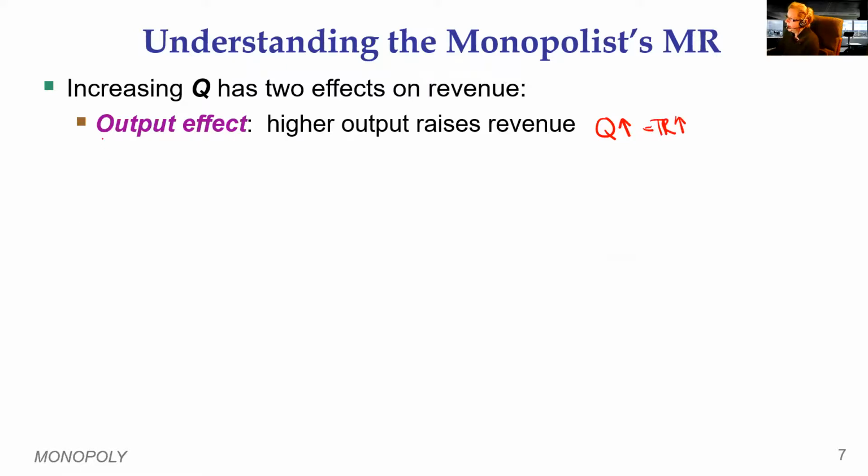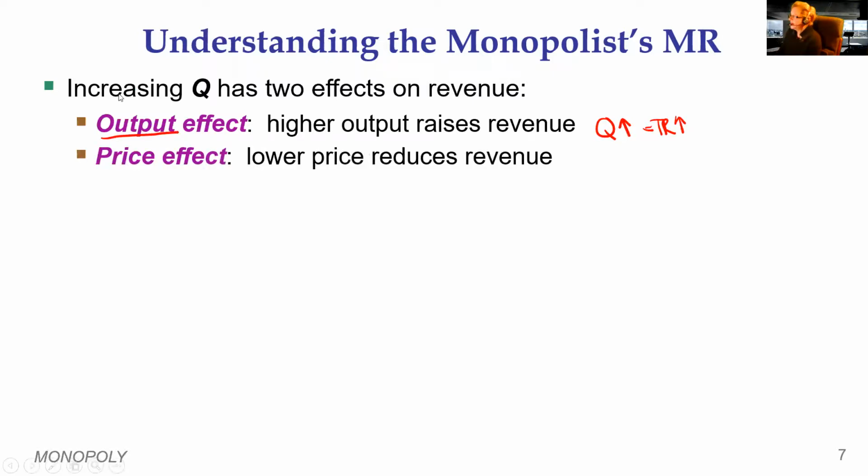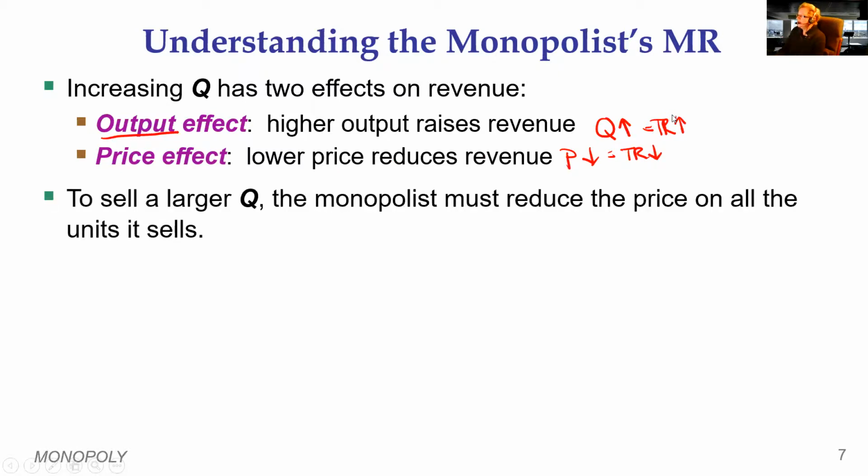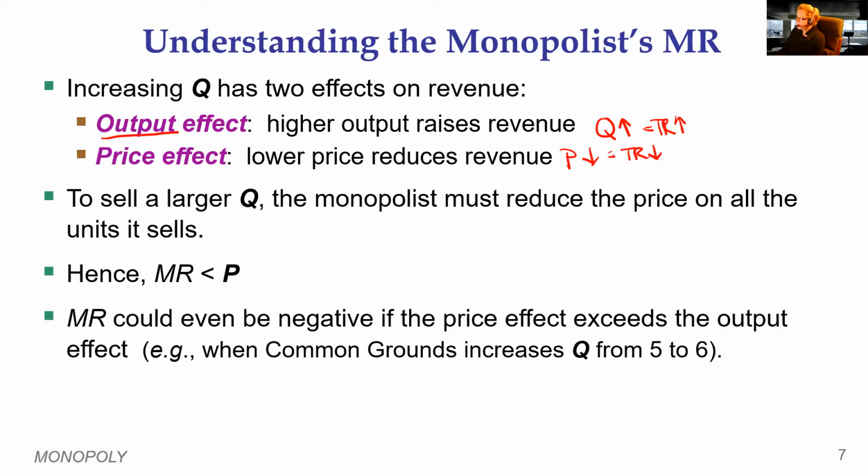We call this an output effect. The price effect, though, is a little bit different. Lower prices will reduce revenue. So as the price decreases, total revenue decreases. A lot of what we look at is the difference between these two things. So we know that price will be greater than marginal revenue for a monopolist.